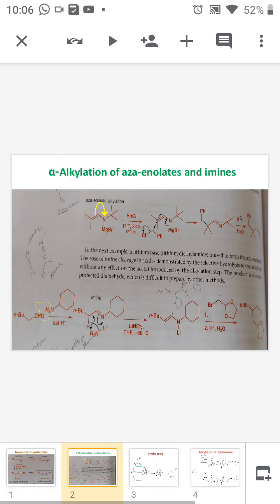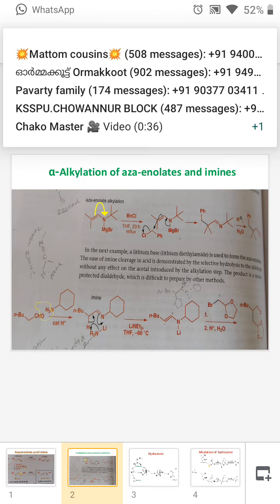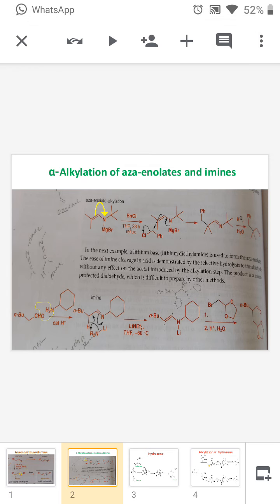Now we are moving into the alpha alkylation of the aza-enolate. So you know that the aza-enolate is formed due to the reaction between the aldehyde and primary amine, and after that it forms imines, and imines during the base treatment will produce the aza-enolate.